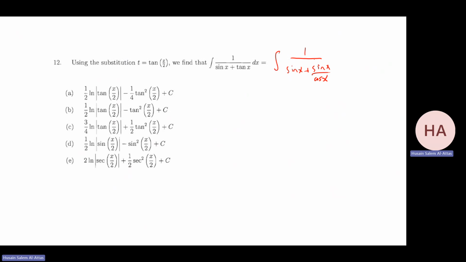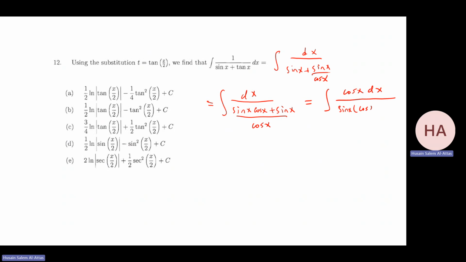That will give the dx over sine times sine cosine plus sine over cosine, which is cosine dx over sine x times (cosine x plus 1).